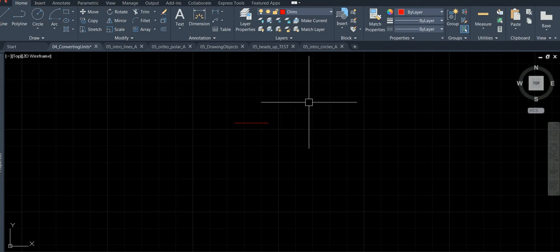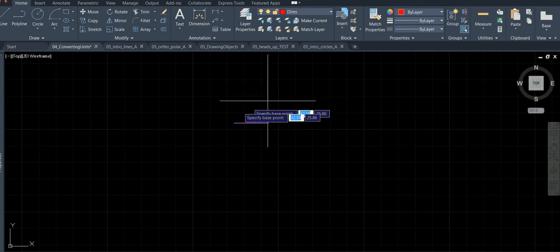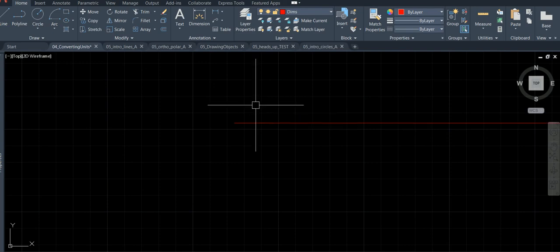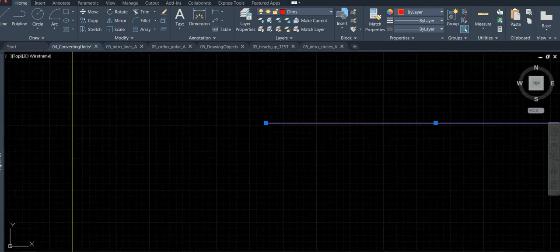I need to scale the drawing. That's why whenever you convert from one unit to another, you have to scale it. AutoCAD will not do it for you. Okay? Is this clear? So I need to say scale.